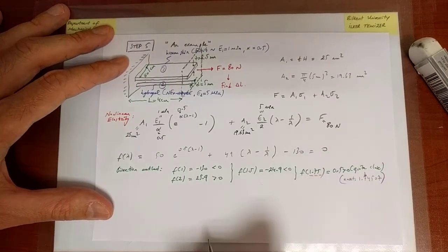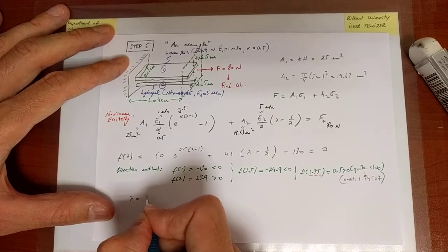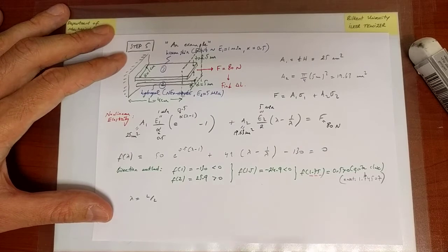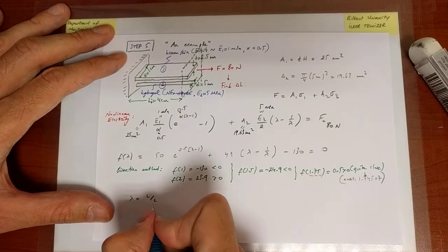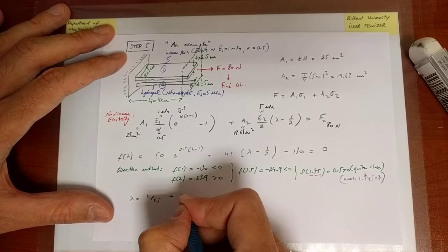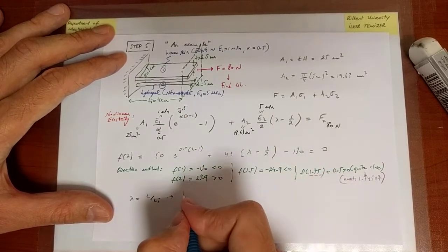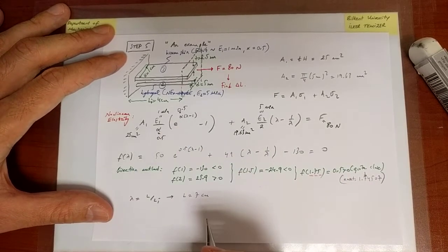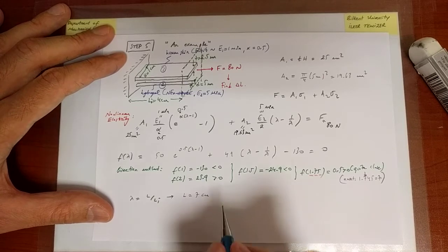So now that this is the value of lambda, remember that lambda is the length divided by the initial length. So let us actually call this the initial length, Li. So the new length divided by the initial length is equal to lambda, which is 1.75, and therefore the new length is, since the old length is 4, the new length is 7 centimeters.